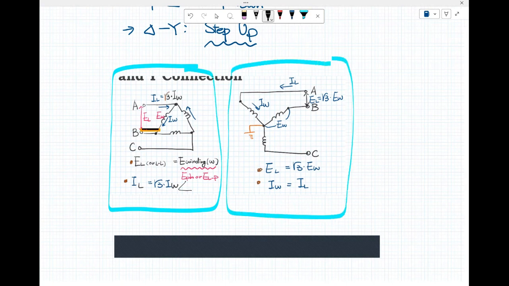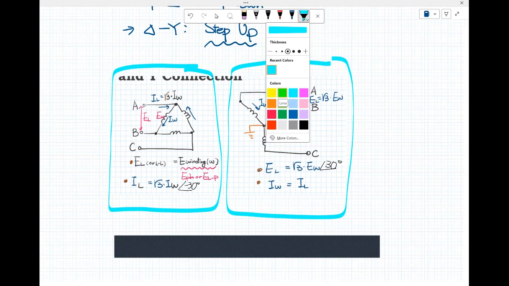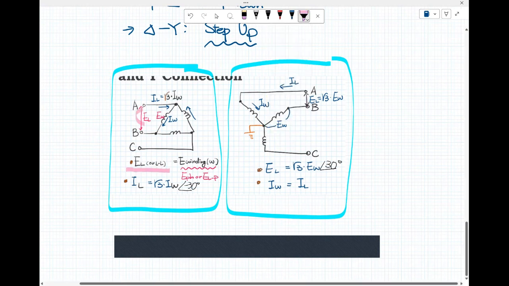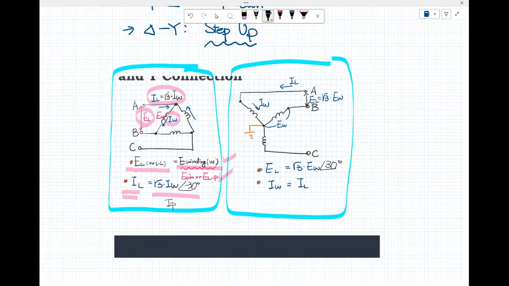In the delta connection, line voltage is the same as phase voltage, or sometimes the winding voltage. However, line current is equal to √3 times winding current or phase current, with a 30 degree phase shift.